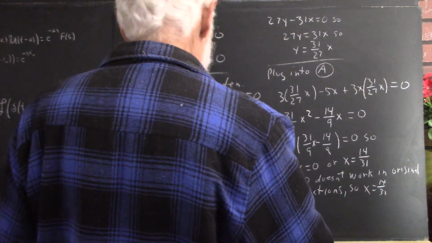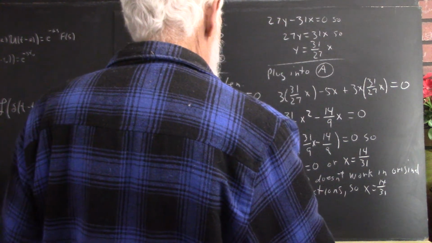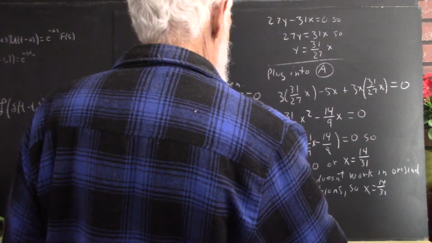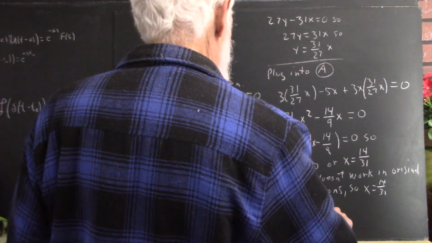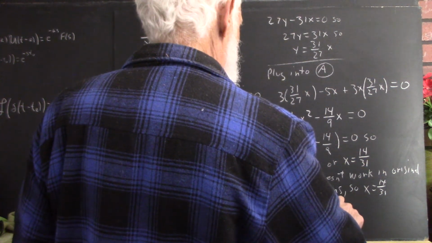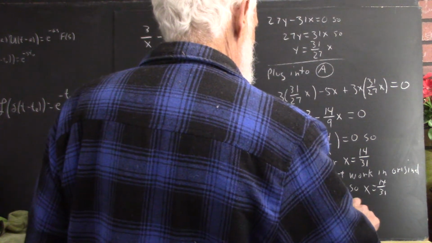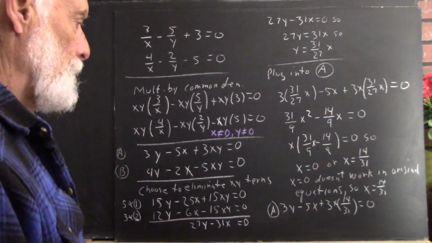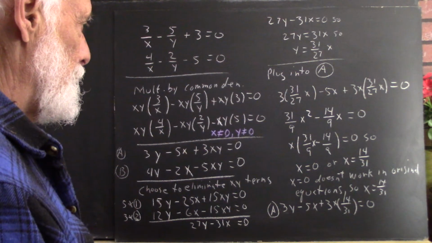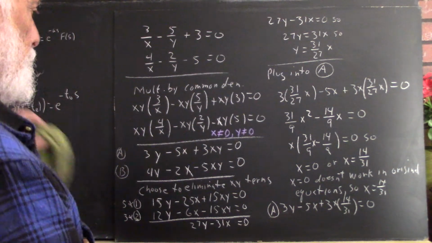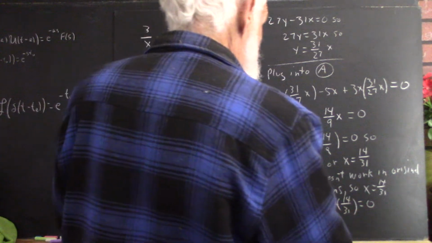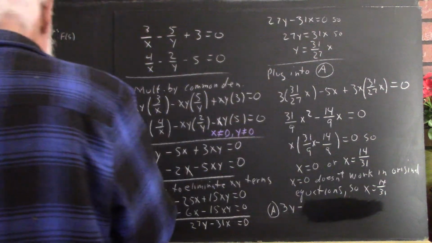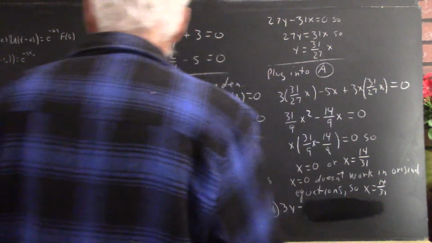So we can plug into equation A. We get 3y minus 5x plus 3x times 14 over 31, if I had plugged in for x, I'd have gotten it right. I'm writing things down very badly today.